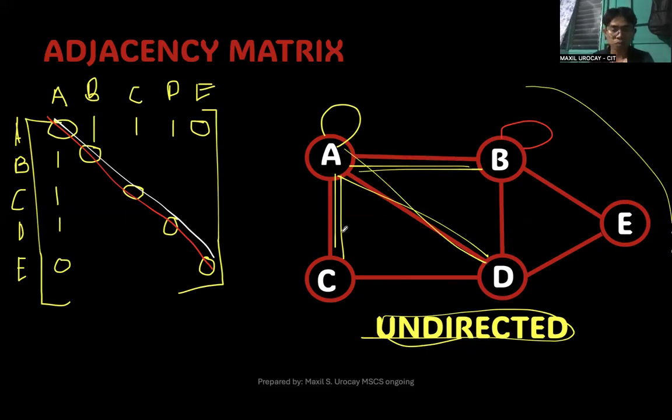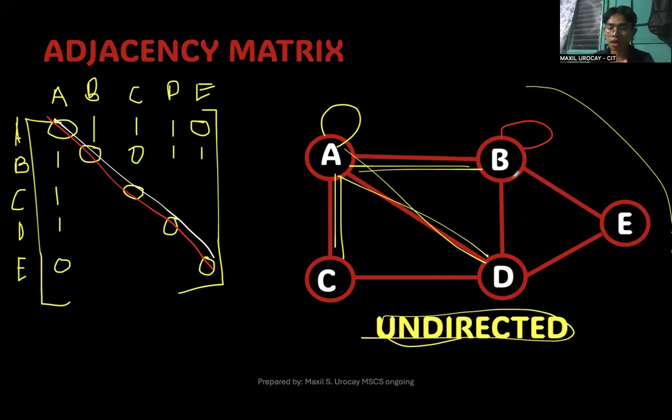Now, let's identify for B. BA and BB are already identified. Let's proceed with BC. Is there any path from B to C? There's none, so that is 0. B to D, there is a relationship, that is 1. And B to E, there is a path that is equal to 1.